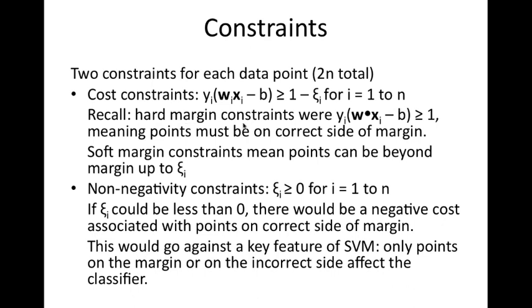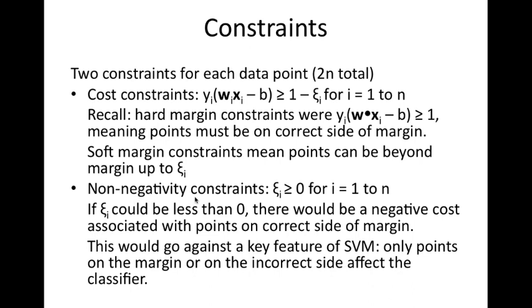So remember that the hard margin constraints were this quantity greater than or equal to 1, and that meant that points had to be on the correct side of the margin. The soft margin constraints are basically the same, but with the ξ subtracted from the right-hand side, meaning that points can be beyond the margin and they're limited in how far they can be by the value of ξ, which makes sense and is what we wanted to accomplish.